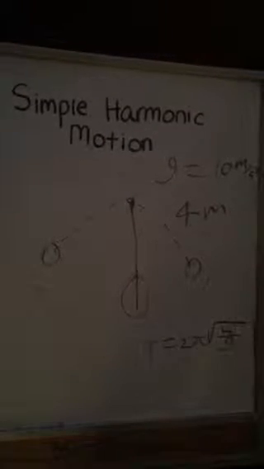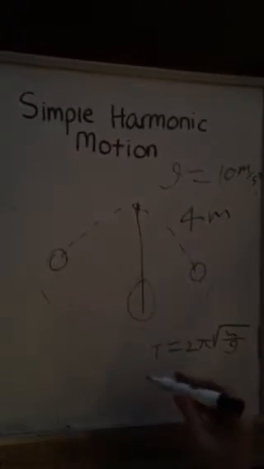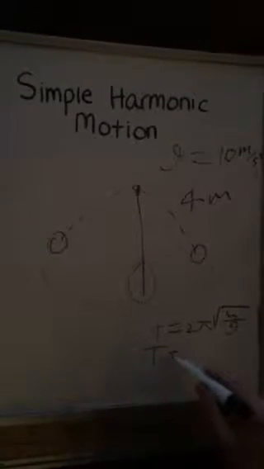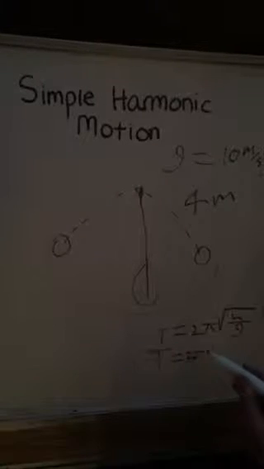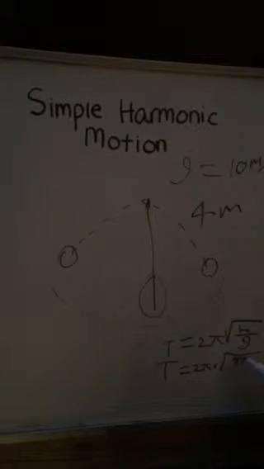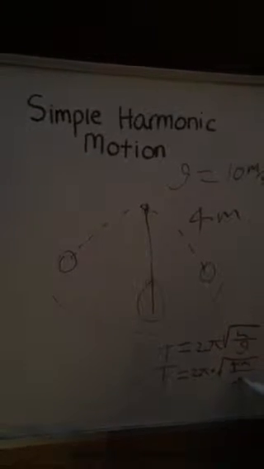To solve this out, you would sub in the length and gravity in the equation like so. So it'd be T equals 2 pi times the square root of the length, which is 4 meters, divided by the gravity.